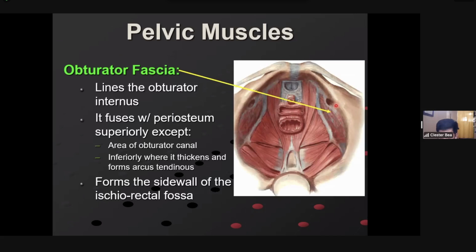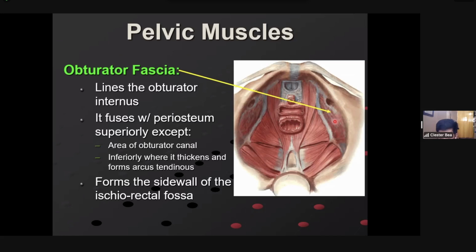Now the fascia, like the muscle and the membrane outside it, does not cover that opening there, because that opening, as I said, becomes the obturator canal. The obturator internus muscle and its fascia do not end inside the pelvic cavity.